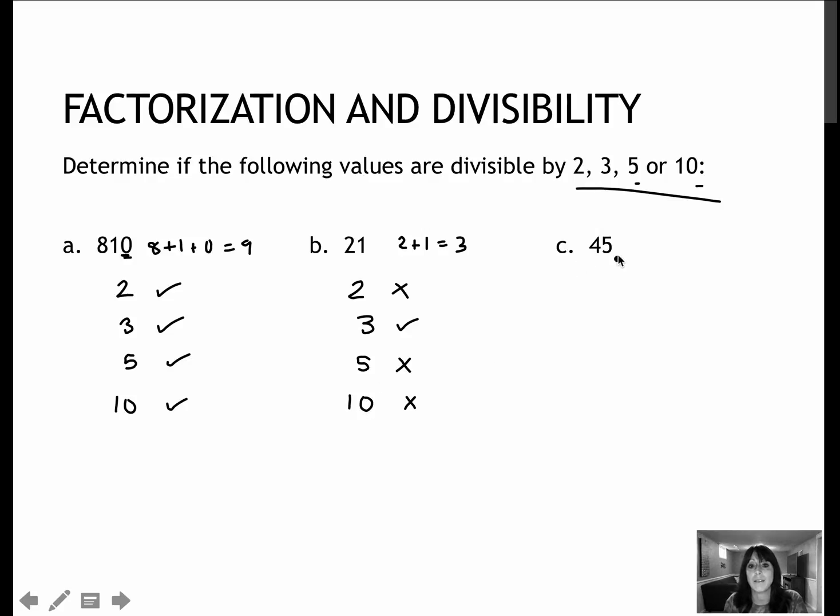Last one, 45. It is not divisible by 2 because, again, this is an odd number. It is divisible by 3 because 4 plus 5 equals 9, and 3 goes into 9 evenly. It is divisible by 5 because it ends in a 5, but it is not divisible by 10 because it does not end in a 0.